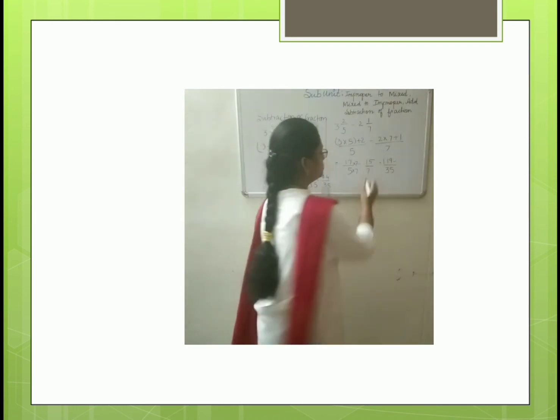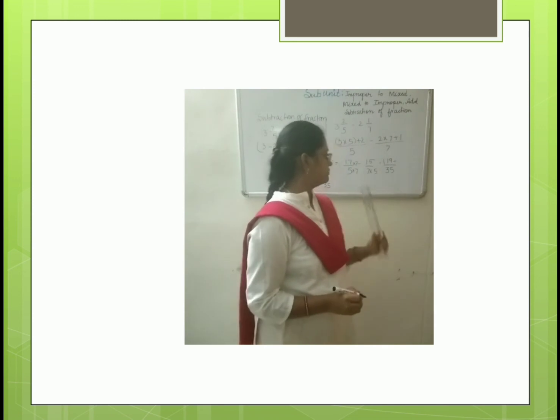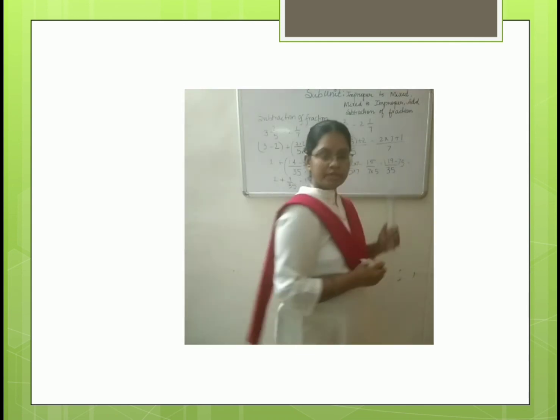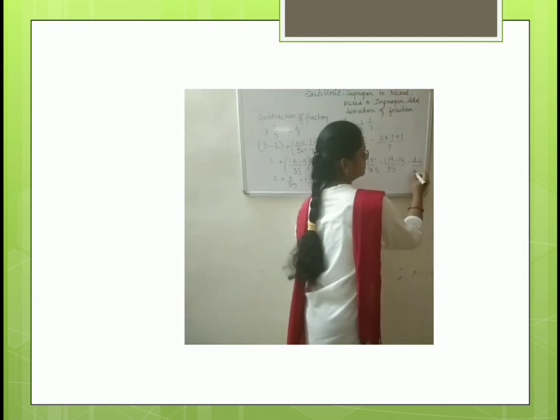That is equal to, subtract it separately, 44 by 35. And see the answer, 44 by 35. So, two different methods, we got the same answer.